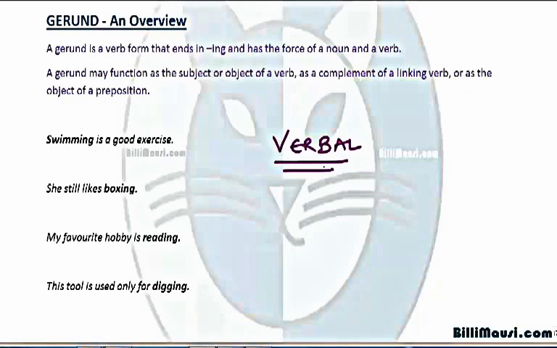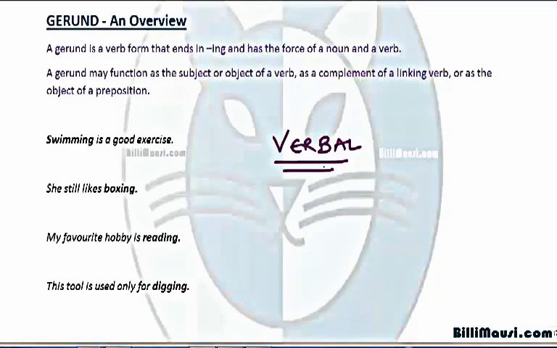You can write it in this fashion: a word that is formed from a verb but is not functioning as a verb is called a verbal. Under this category we have infinitives, gerunds and participles. So currently we'll be discussing gerunds and participles, and we'll be taking care of infinitives in another video.